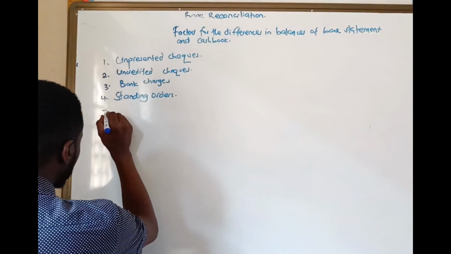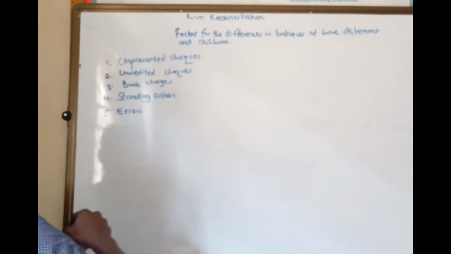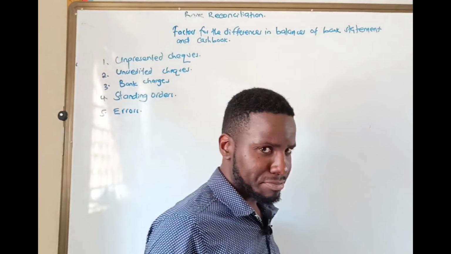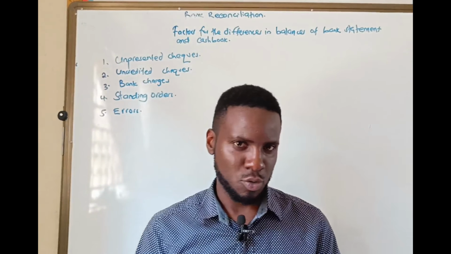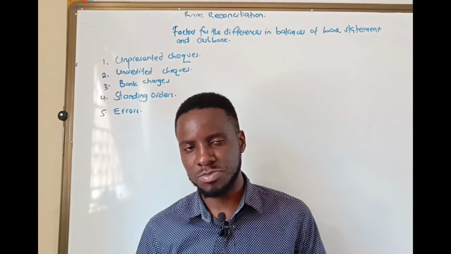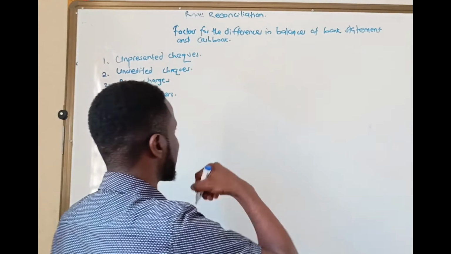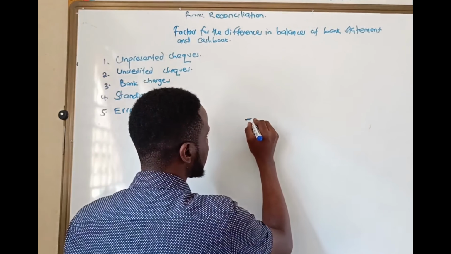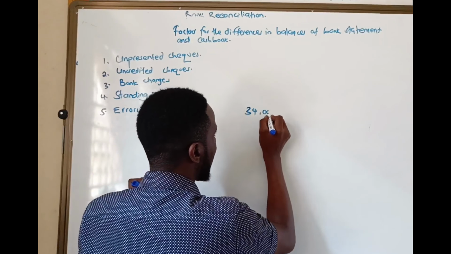Then I would like to talk about errors. Of course, errors are human. Maybe as an accountant, you can make an error when you are entering transactions in the cash book. For example, we can have an amount of, let me say, 34,000.